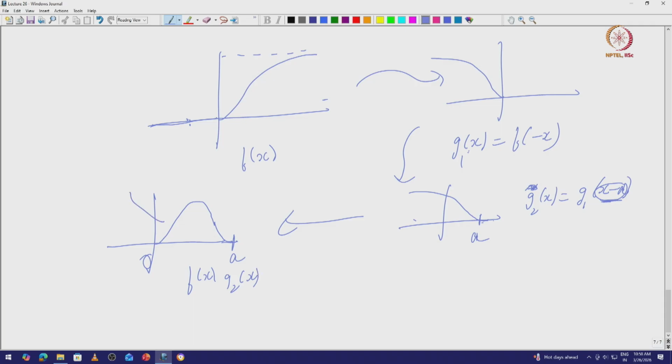This is an example of a function with so-called compact support. I'll define what support is in a moment. So let me make the definition, but the point here is this function is 0 outside of a closed and bounded interval. It's 0 outside of a compact set and is yet smooth.